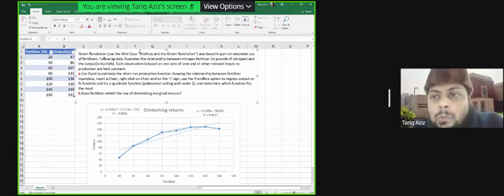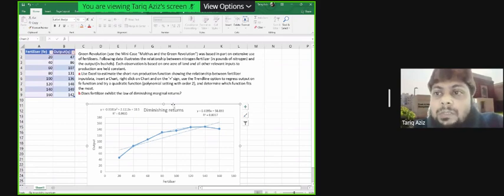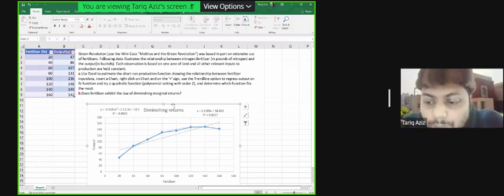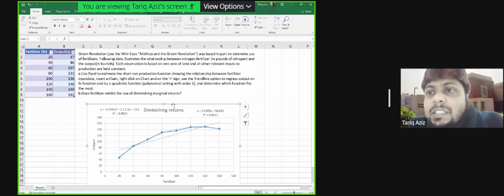So on your screen there is an example of diminishing marginal utility. Initially, this law was developed in the context of farming, and the dominant economic activity during that time was farming.